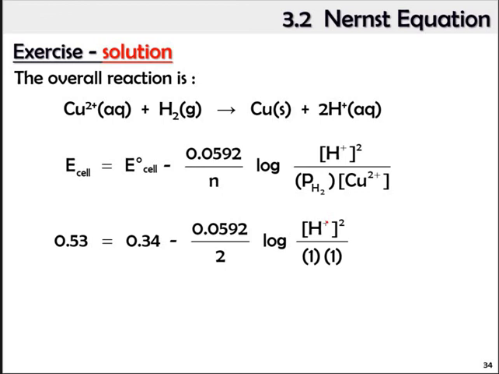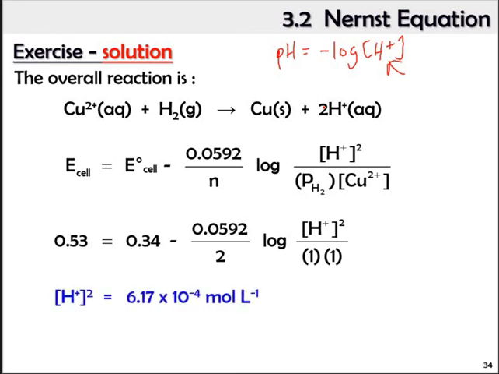Okay, bila dia minta pH, first of all you know that pH is equal to negative log H+. Still remember? Okay, semester 1. So maksudnya you have to find the concentration of H+ using the Nernst equation. Okay, so the concentration or the pressure of hydrogen gas and concentration of Cu2+ doesn't change. Sebab dia tak mention apa-apa pun, tak berubah apa-apa, dia just masukkan sulfuric acid sahaja kan. Okay, so the concentration of sulfuric acid change. Itu yang kamu kena cari berapa dia supaya you can find the pH.